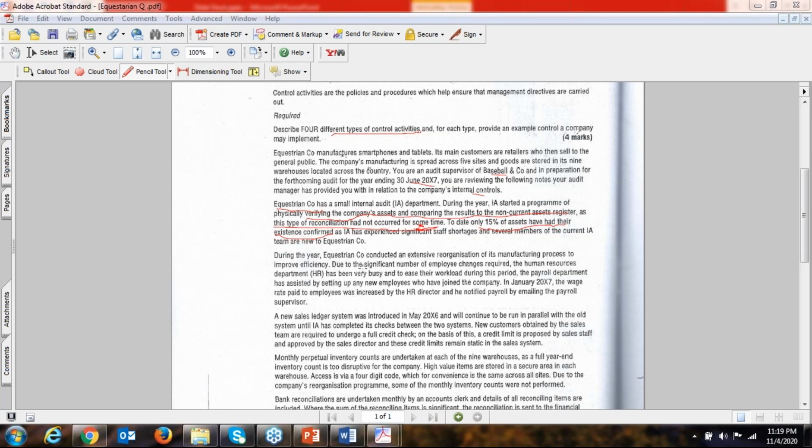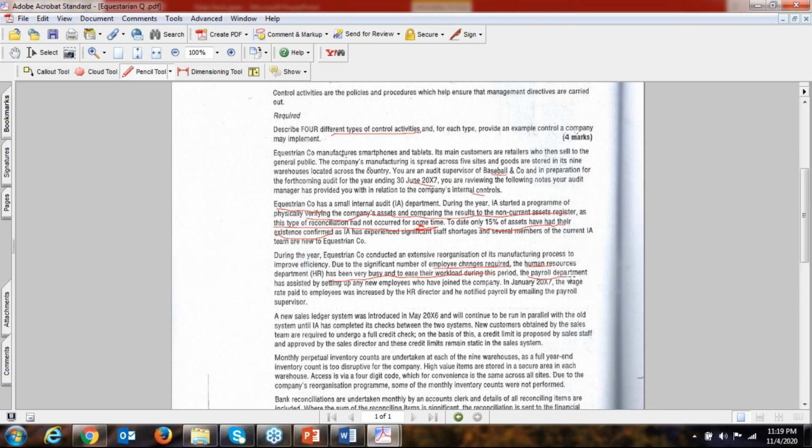Now, the next paragraph: during the year, Equestrian Company conducted an extensive reorganization of its manufacturing process to improve efficiency. Due to the significant number of employee changes required, the human resource department has been very busy and eased their workload during this period.